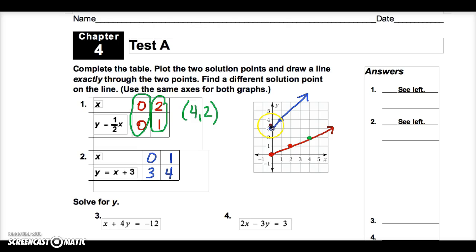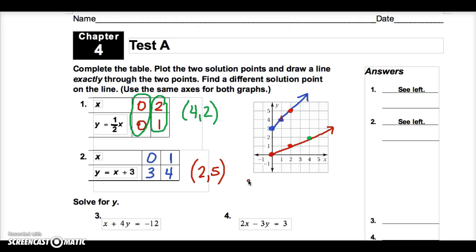So I noticed that my slope of the line is 1 over 1, up 1 over 1. So if I go up 1 over 1 again, I end up right here, and that point is the point 2, 5. Okay, so we filled in an XY table, plotted those points, and then found another point that fell on that same line.